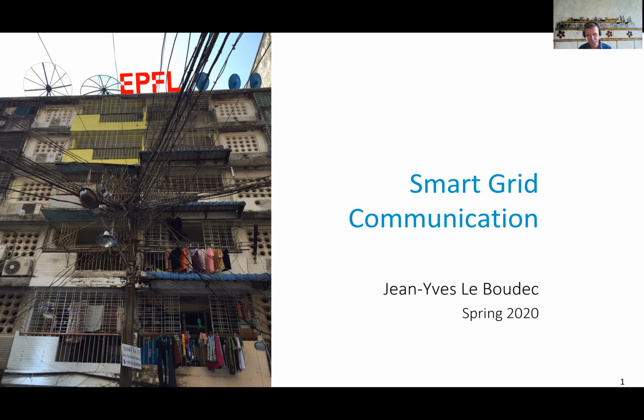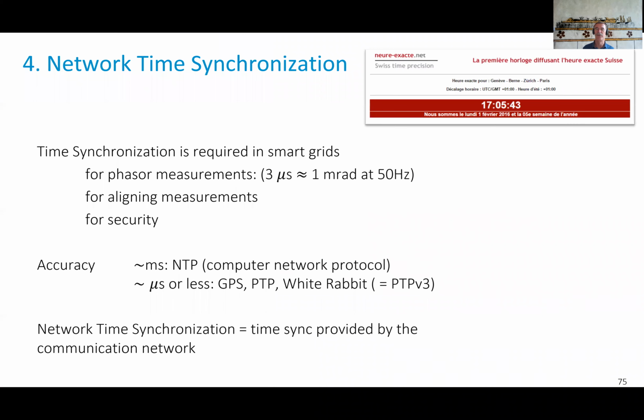Today, we will discuss time synchronization. You have seen with Mario how time synchronization is used to measure phasors. What we will discuss today is how we can use the network rather than a direct GPS antenna to carry the synchronization information.